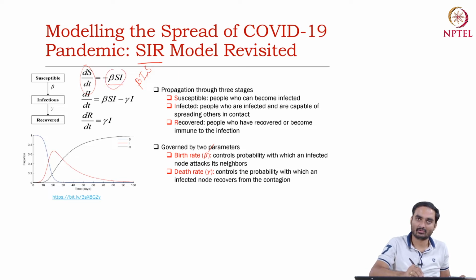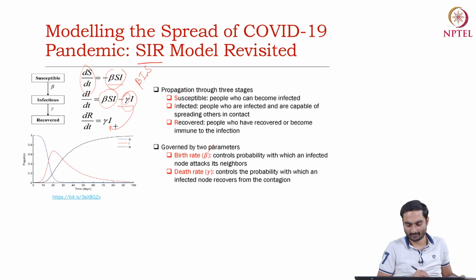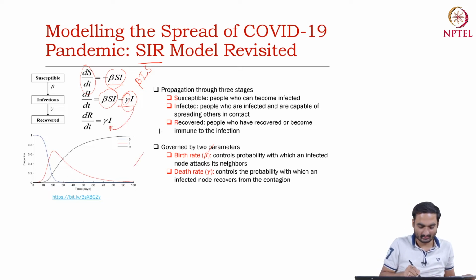The same amount contributes to the increase of the infected user population, so that is plus. But here with certain probability gamma, infected users move to the recovery state, therefore this is minus, and the same amount contributes to the rate of change of the recovered user population. Okay. And we have seen this kind of curves in the previous lectures.